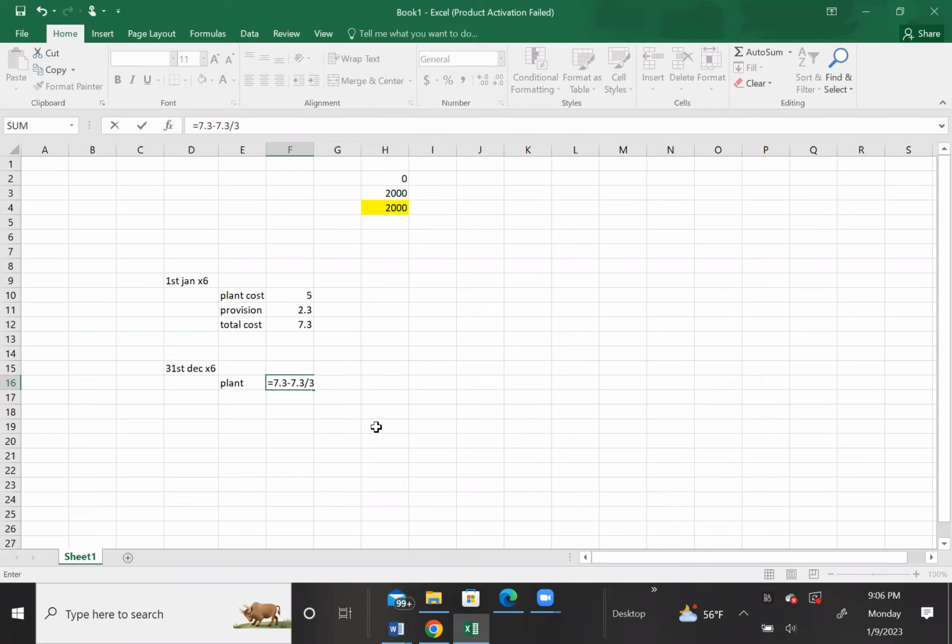The whole year depreciation will be deducted, and the carrying value of the asset will be 4.9 at the end of year one, or approximately 5 million.